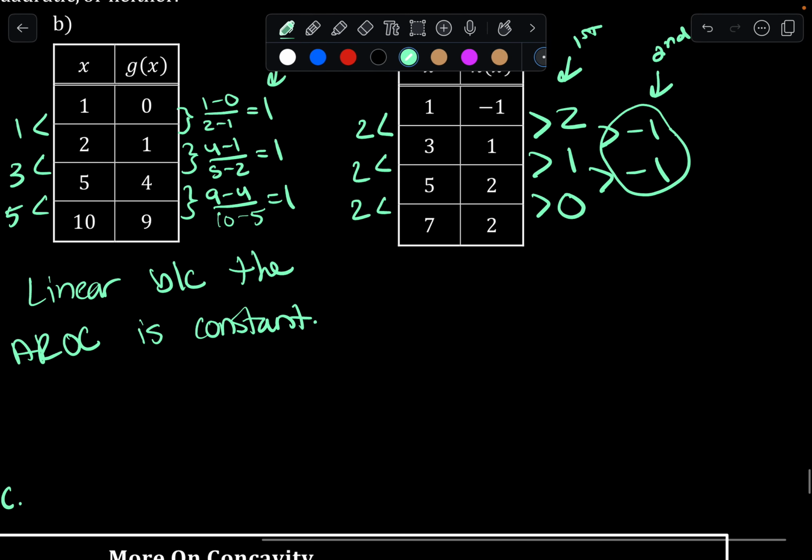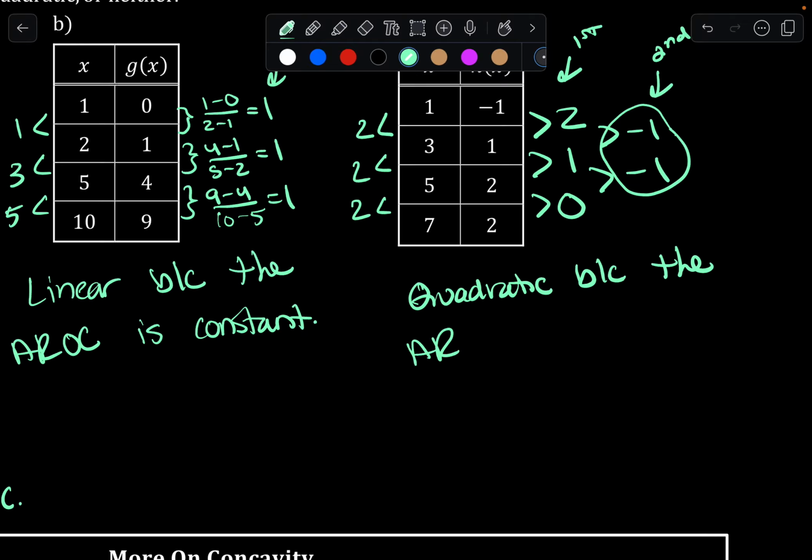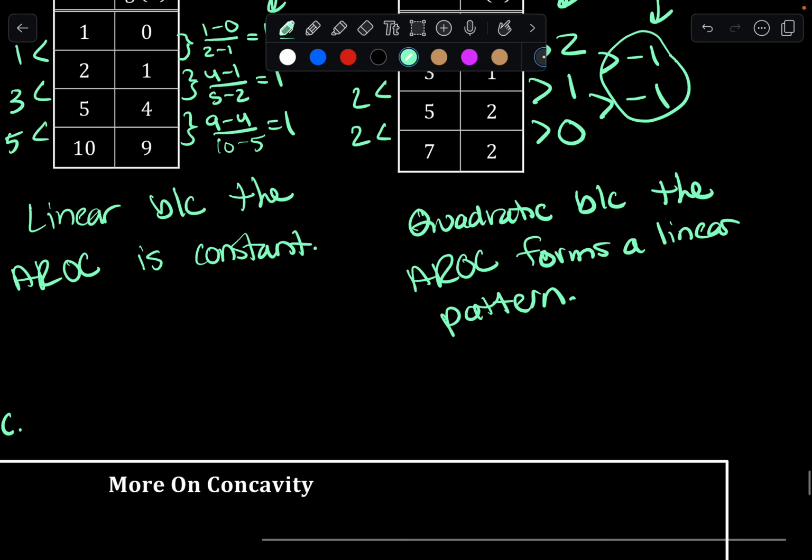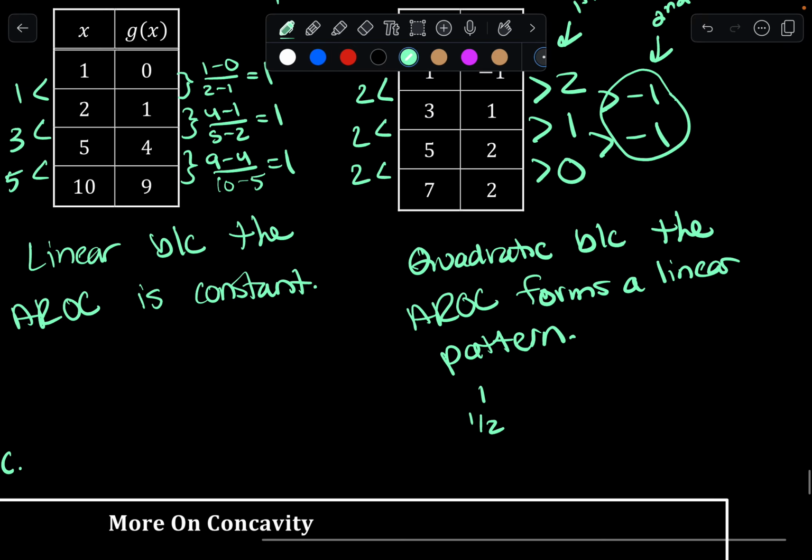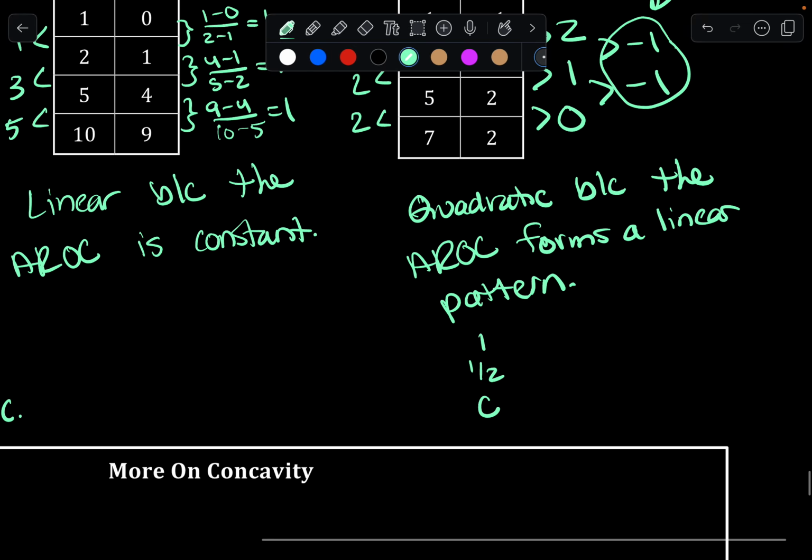So again, just like A, we have another quadratic because the average rate of change forms a linear pattern, which is the -1s we're looking at. If you were to use your difference quotient, you would get 1, 1/2, and 0.